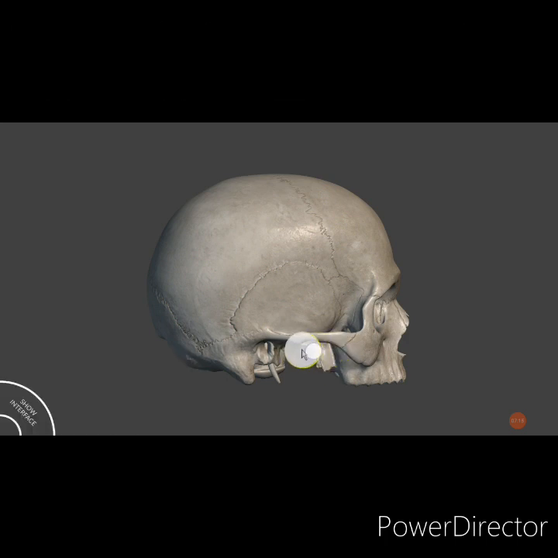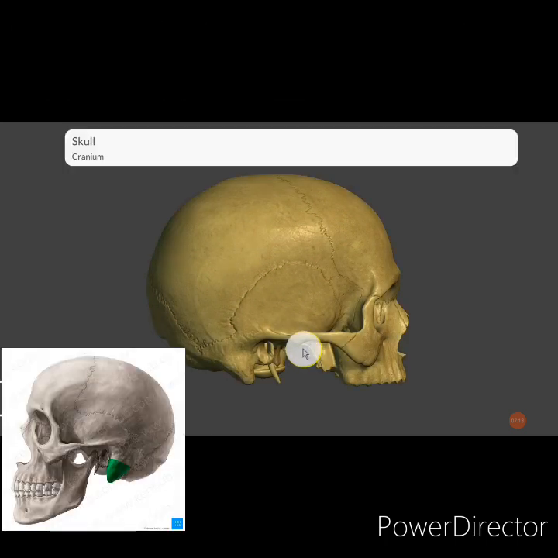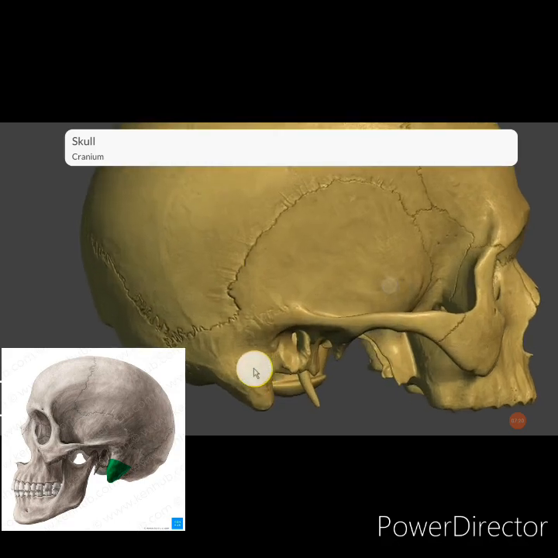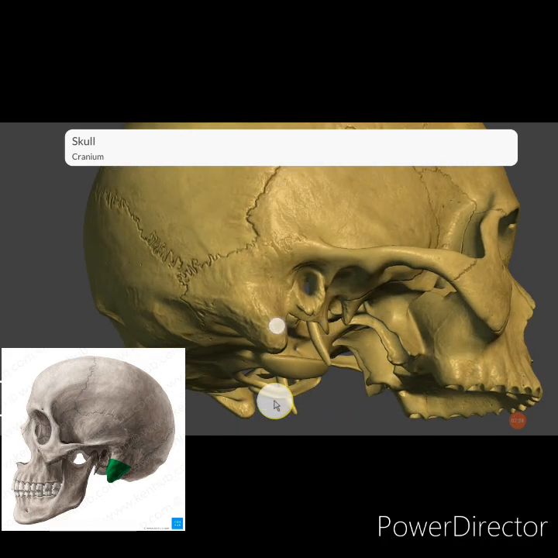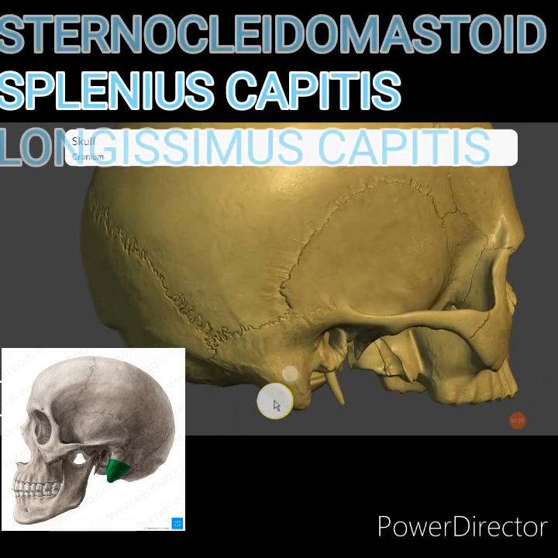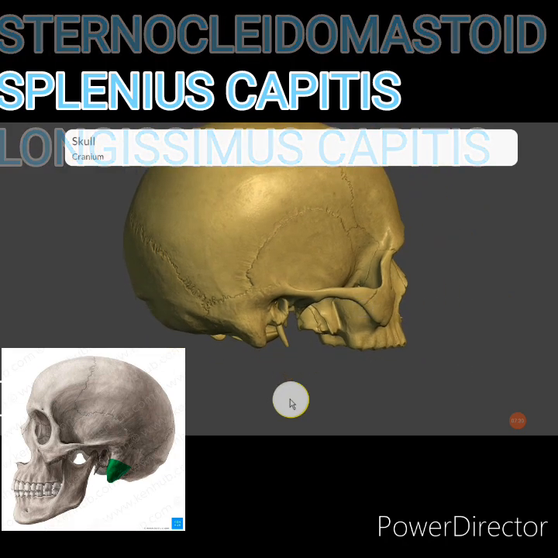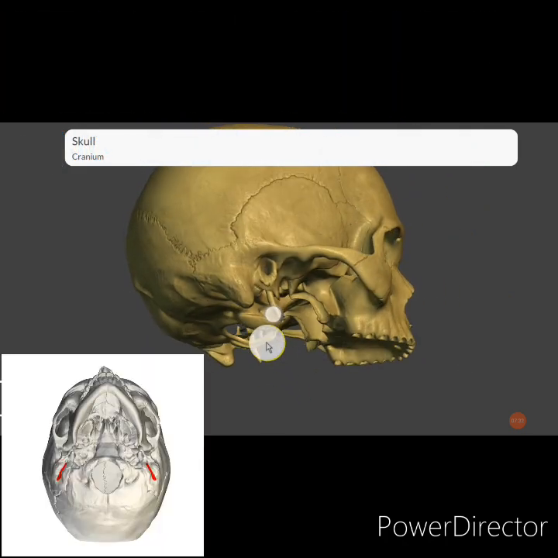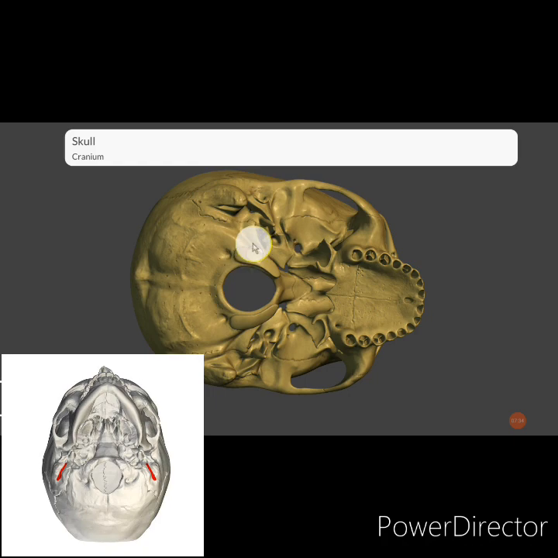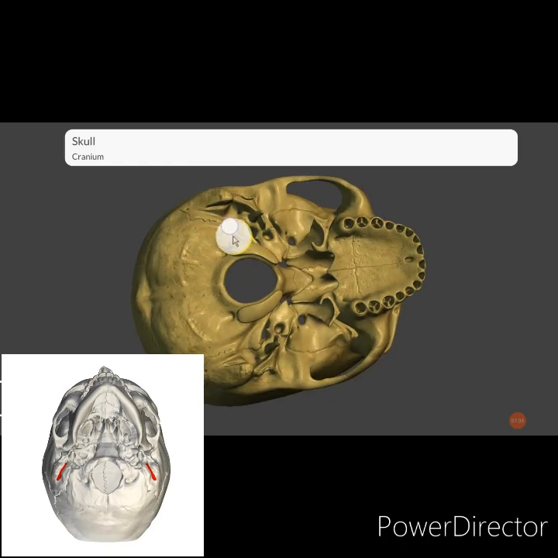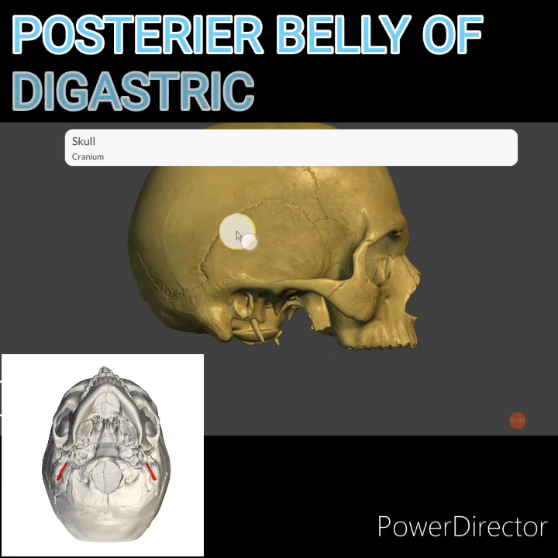Mastoid process: the lateral surface of mastoid process has, from anterior to posterior, muscle attachments that are sternocleidomastoid, splenius capitis, and longissimus capitis. Mastoid notch or digastric notch is a groove present on the medial surface of mastoid process which gives origin to the posterior belly of digastric.